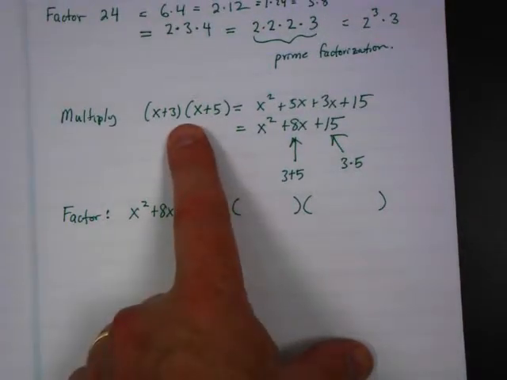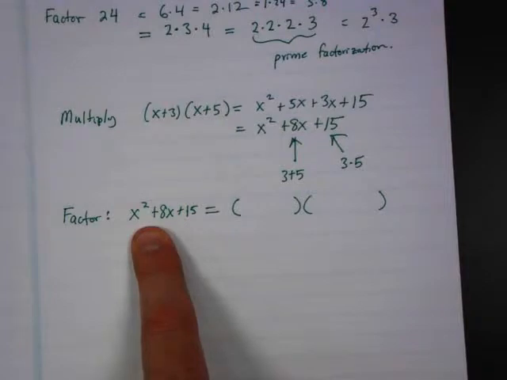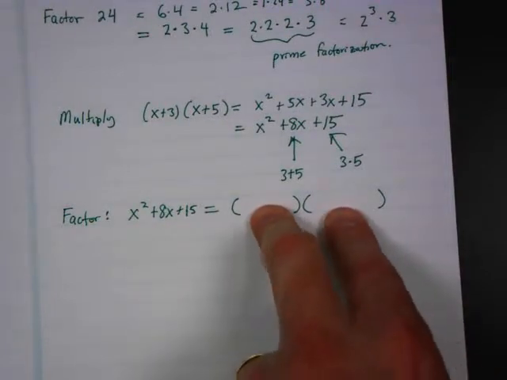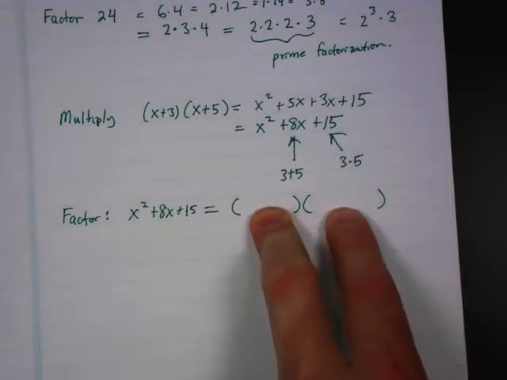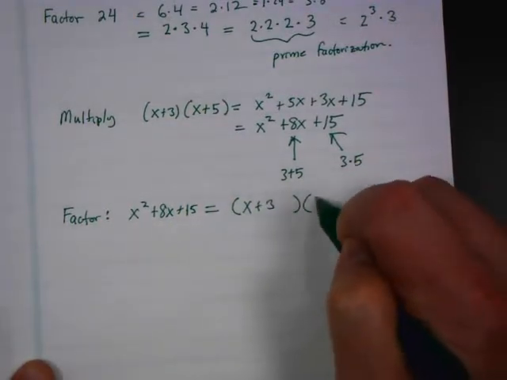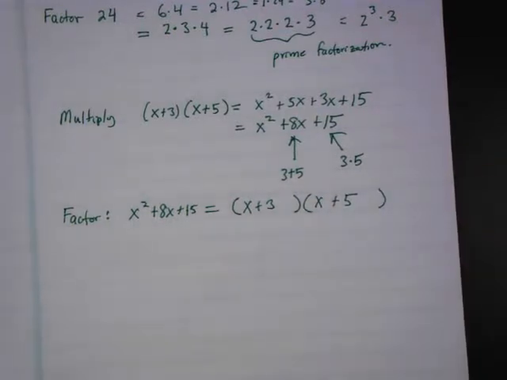Before, I gave you two things and told you to multiply them together. Now I'm giving you the answer and saying you've got to give me the two things. It's going exactly backwards. That's exactly right. Well, we know the answer. The answer is x plus 3 and x plus 5. We know that has to be the answer because it's the same problem we did before.